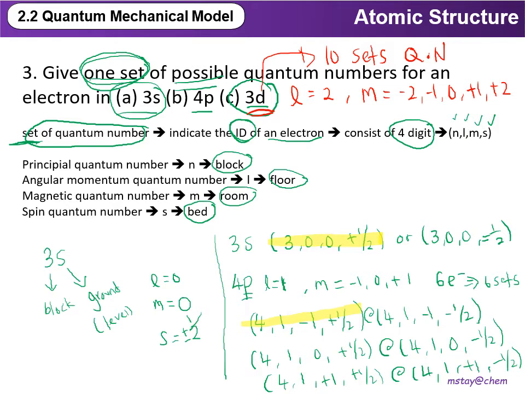I won't repeat all of them, so I just randomly pick 3, 2, -1, 0. Is it possible? No, it is not, because the spin quantum number is either +half or -half. So 3, 2, -1, +half, yes, this is possible.